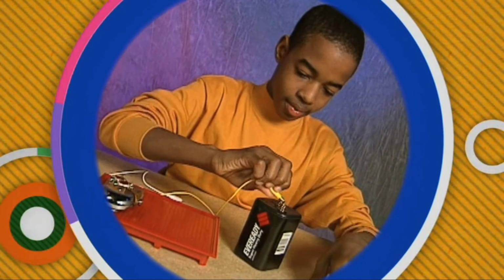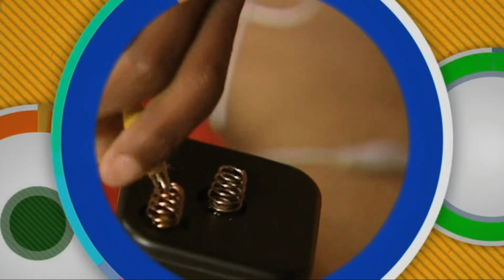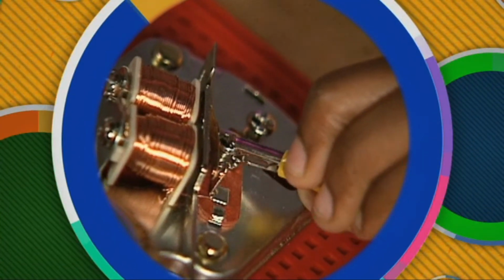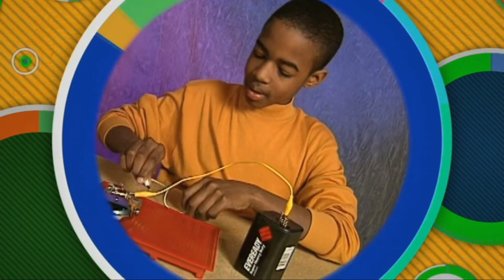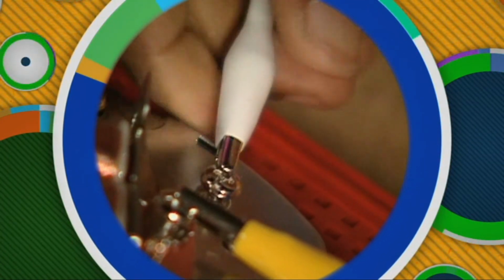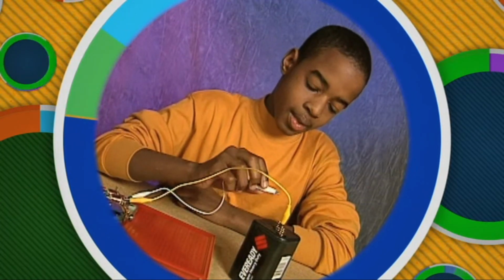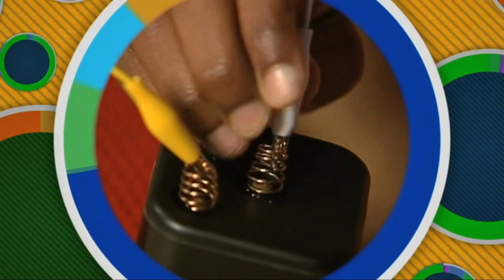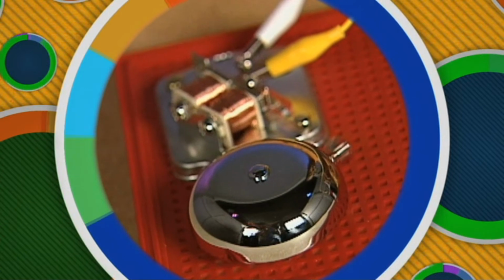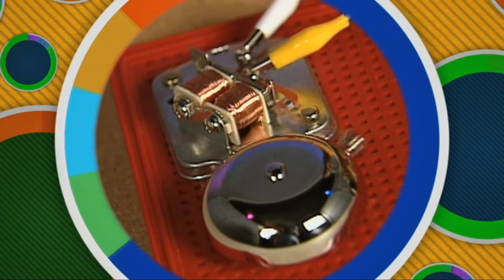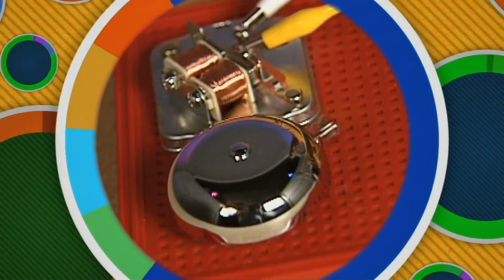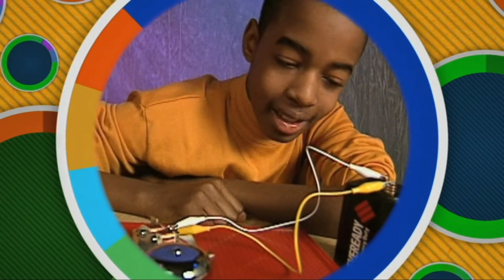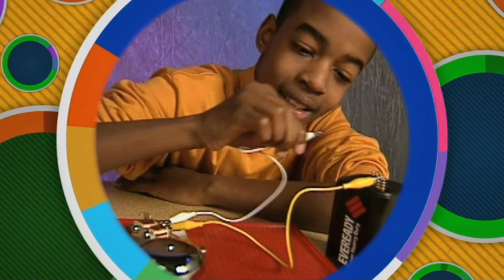You can start an electric current by attaching a wire to one of the terminals, then to the load. The circuit will be complete when the negative and positive terminals of the battery are connected, and the bell should ring. As long as the electric circuit is complete and the battery has energy, the bell will continue to ring. When the circuit is broken, the bell will stop ringing immediately.